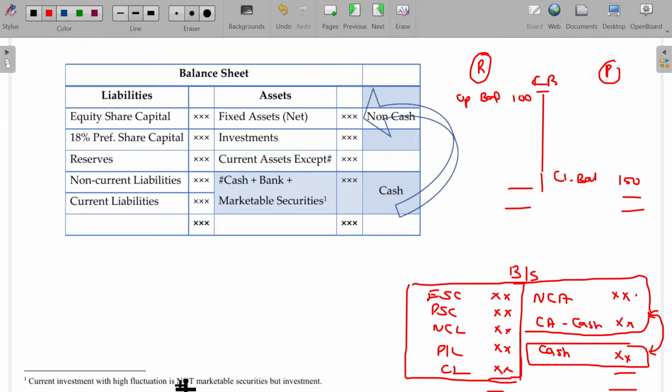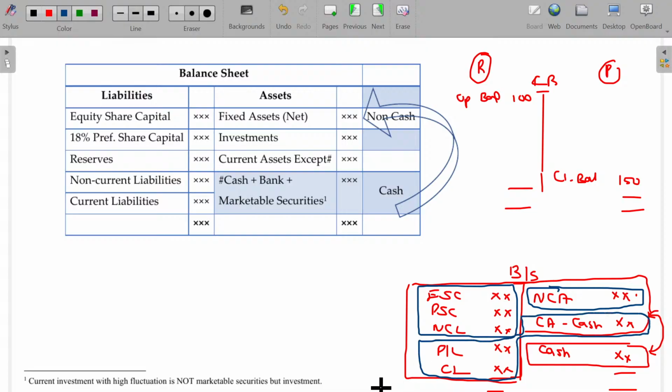The receipts could now be categorized into three different types, and applicable payments also in the same three. Receipts and payments related to non-current assets and non-current liabilities and owners' fund. And the receipts and payments due to current liabilities as well as current assets or working capital.